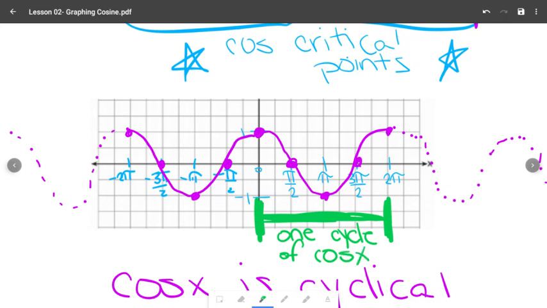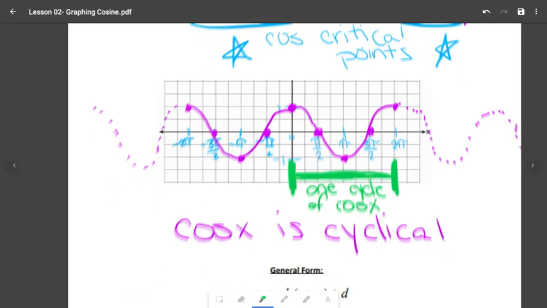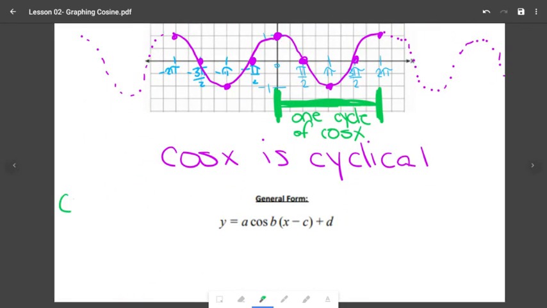So just make sure that you know the difference between the two. Cosine's one cycle looks like this. Sine's one cycle looks like this. So make sure you notice the difference between the two. You should be able to look at a graph and identify which one is which.